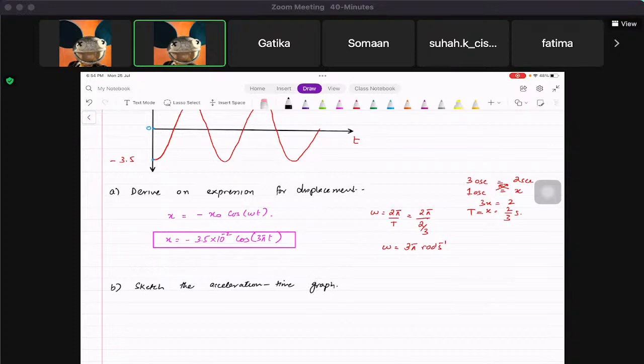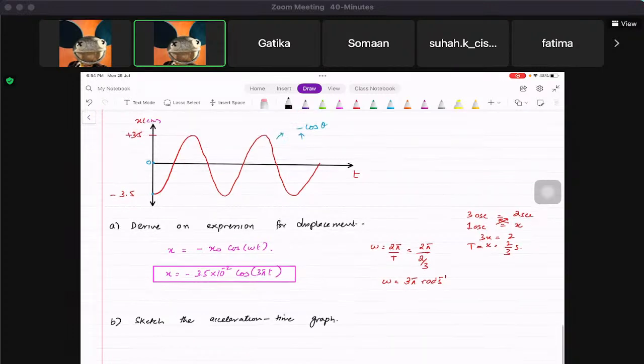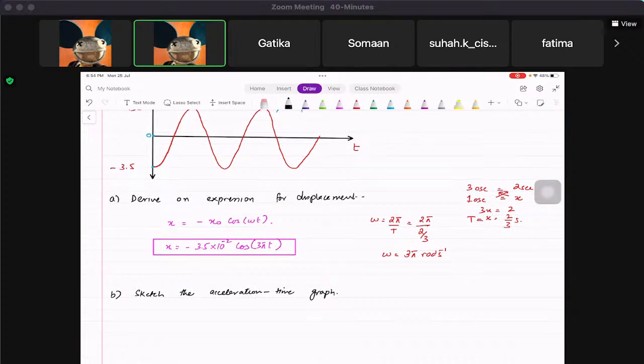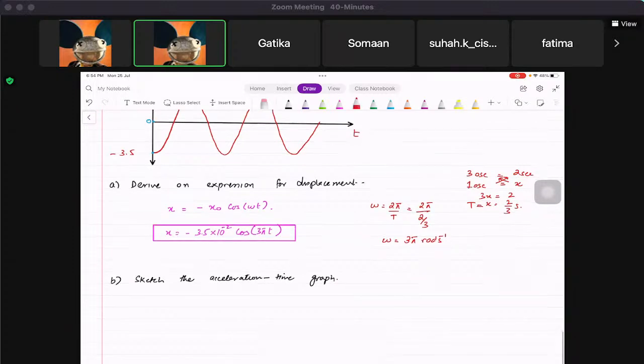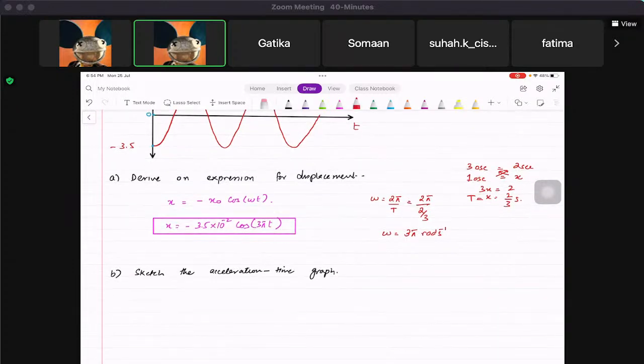So for that I should remember that how do I find the acceleration through displacement? Can I do that? Do you guys know any equation that relates acceleration and displacement? Go on. Nobody knows? Too bad. Acceleration is minus omega square x, right?